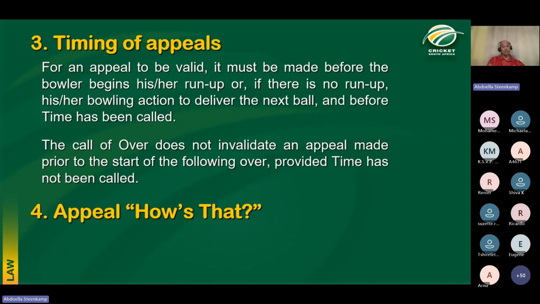And obviously, time should not have been called. The moment you call time, you close the window period. So in terms of the validity period for an appeal, that window period is open for long, and only closes when the bowler takes his or her step to bowl the next delivery, and time should not have been called.